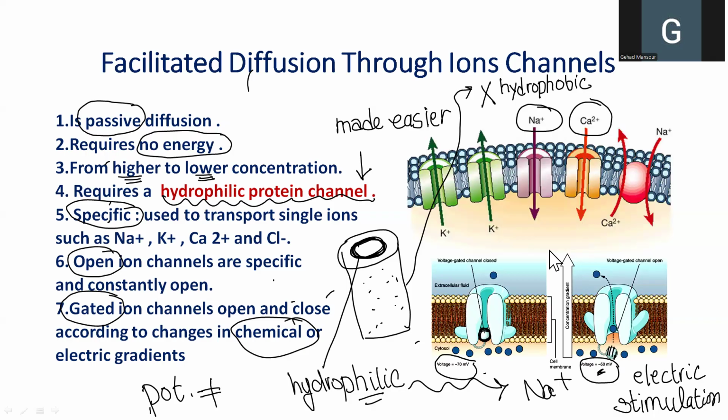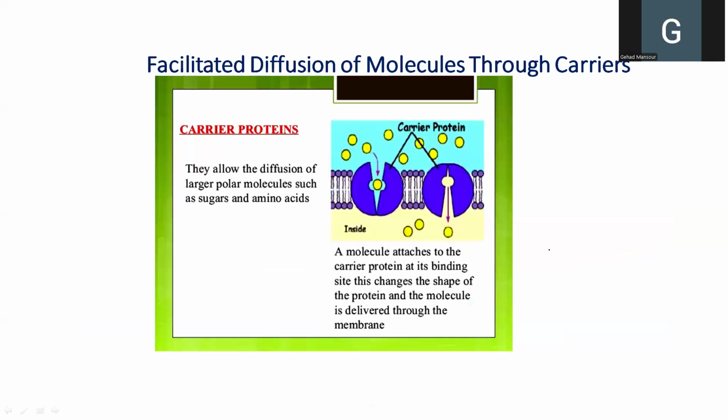The general term is gated, but when it depends on the voltage difference or the potential difference, we call it voltage-gated. We have another type of facilitated diffusion, which is the facilitated diffusion of molecules through carriers. And the carriers, as we said before, are designed to allow the diffusion, and we say diffusion because it is a passive process, of larger particles, which are usually molecules.